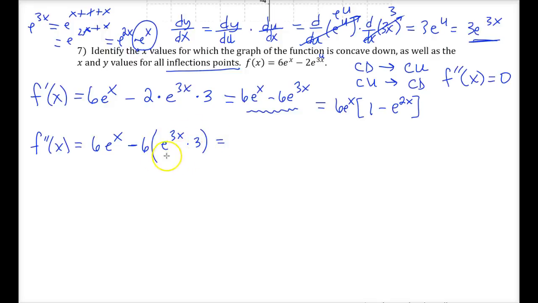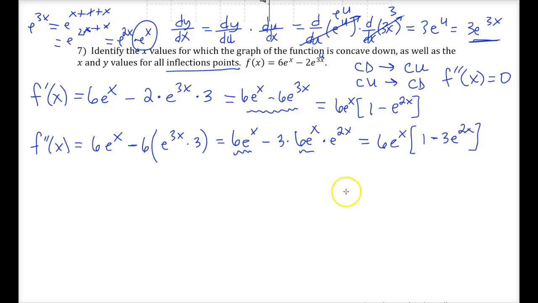And of course now we see that would be 6 e to the x minus, in this case, 18 e to the 3x. But I'm just going to rewrite it this way as 3 times 6 e to the x e to the 2x. And I'm doing it like that because I see I have a common factor of 6 e to the x again. So when I factor that out, that's just going to leave me with 1 minus 3 e to the 2x.